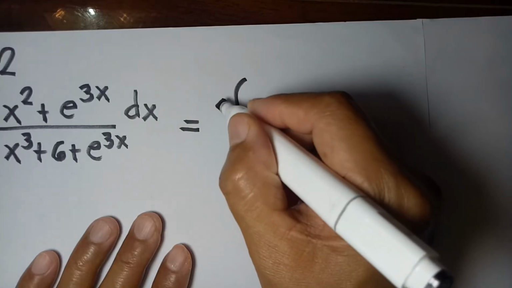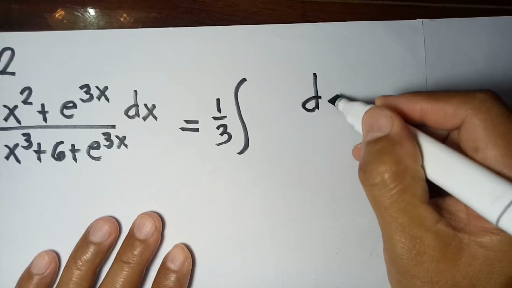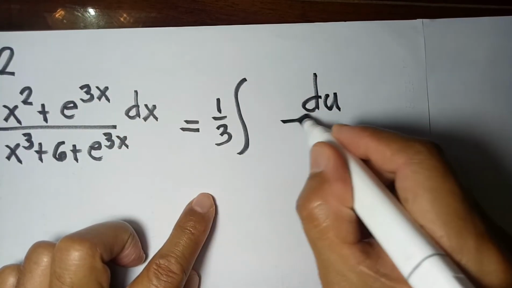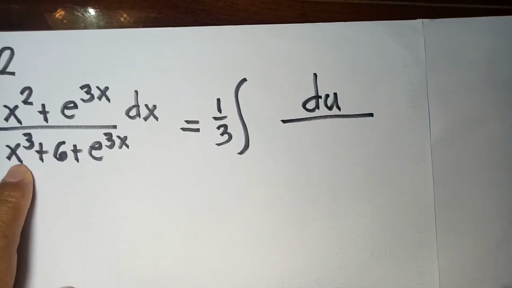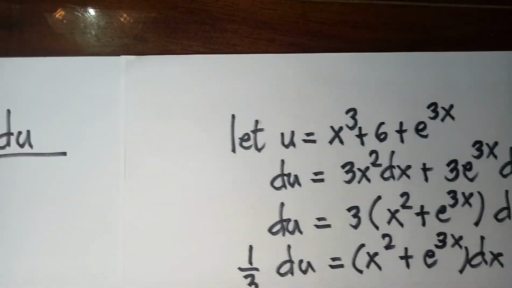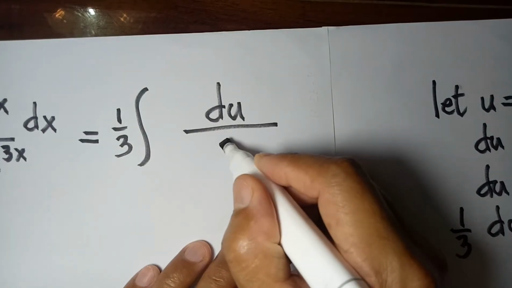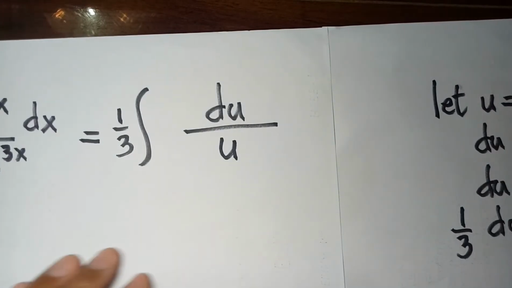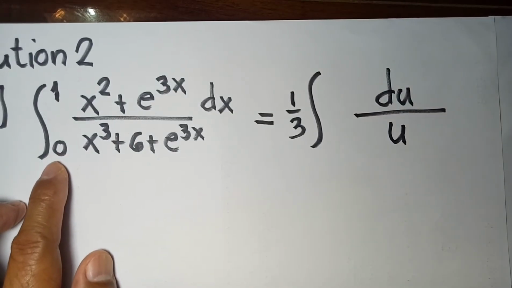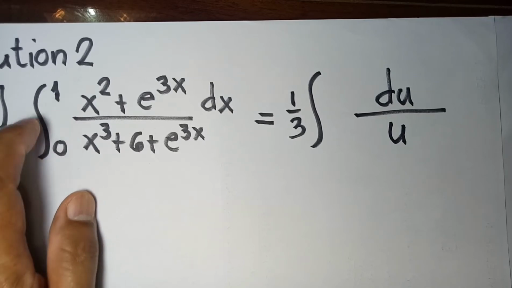So, magkakaroon tayo ng 1/3 du. Okay? And then we have the division line. And then we have x cubed plus 6 plus e raised to 3x. And that's equal to u. So I will have over u.